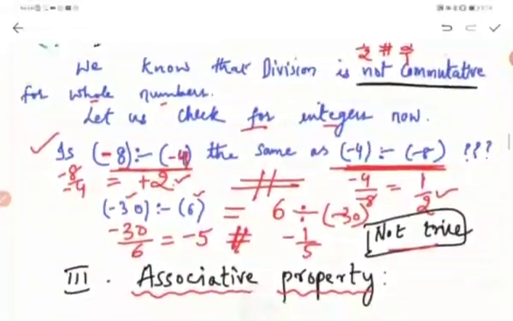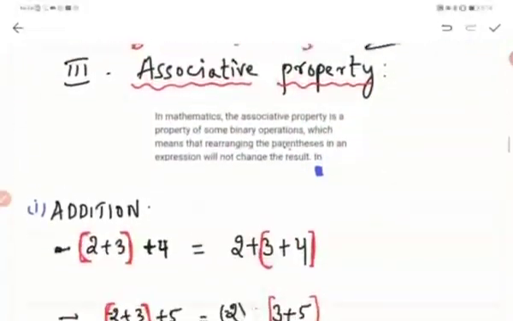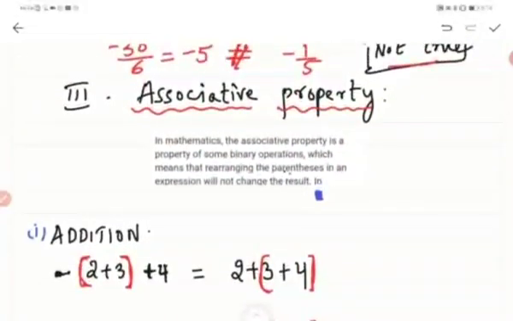Okay, now let's see the next property, associative property. In associative property we are just shifting the parenthesis, and we are going to check whether the left hand side is equal to the right hand side or not.